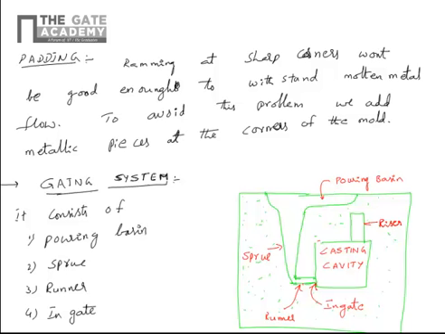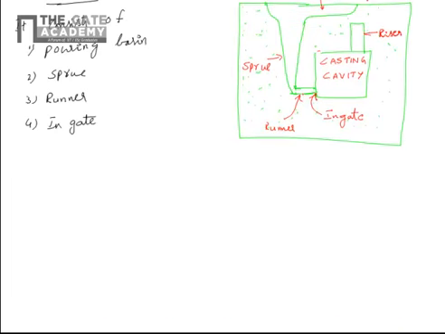So that is about parts of the gating system. So here, gating ratio, 2 marks. Gate bit, ratio of area of sprue, runner, ingot.